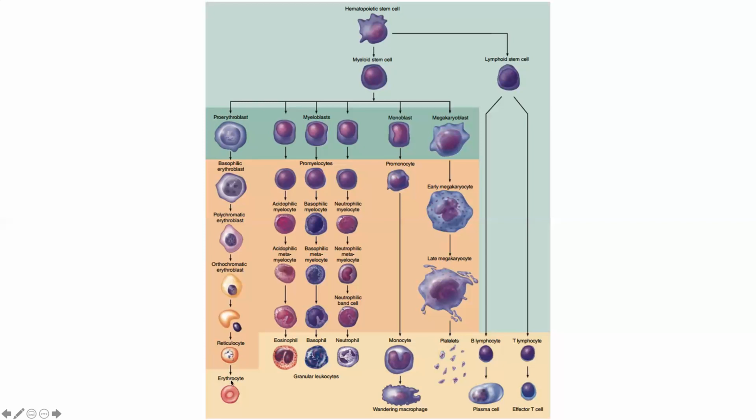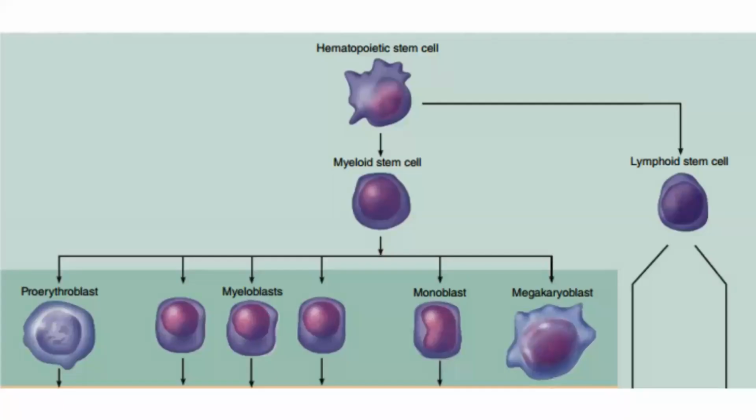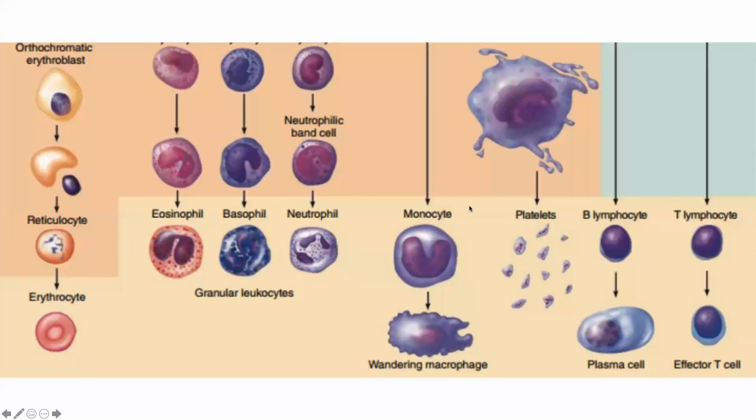And finally, it will become erythrocyte. Just before it becomes a red blood cell, the immature form is called reticulocyte.